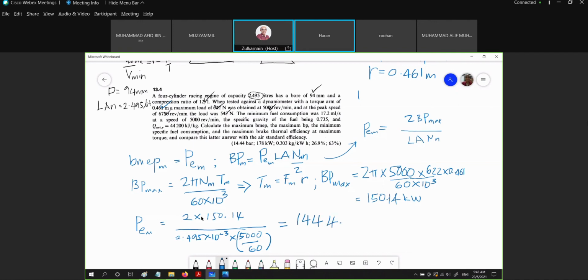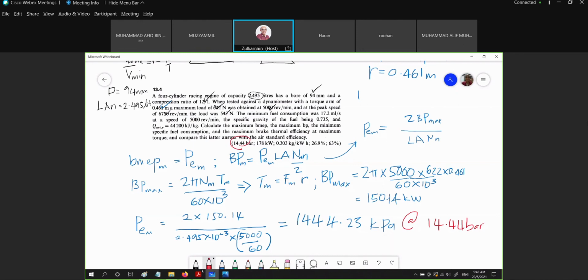What is the unit? Kilopascal, because we are using kilowatt in the BP. BP is in kilowatt, right? So this we are getting here in kilopascal. And if in bar divided by 100, then we get 14.44 bar. This is what we have.